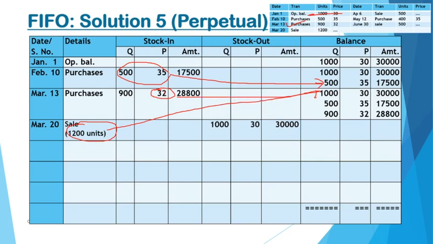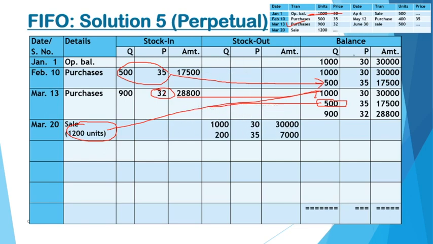That will be written. But your sale is not complete. You still have a gap of 200 units. In order to fill that gap of 200 units, you will be utilizing the next lot. For the remaining balance, this 500 units lot will be used. So the next 200 units that you are to sell will be from this lot. So next will be 200 units from the second lot.